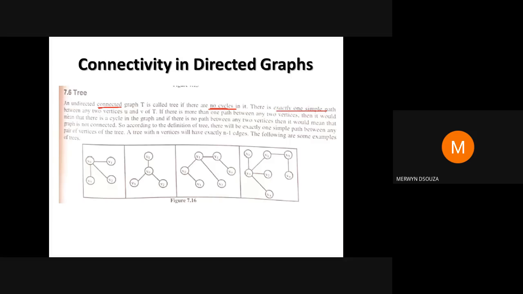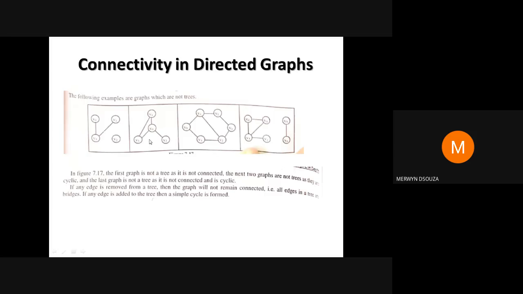All these definitions are important here. So there are many reasons why a graph may not be a tree. The reasons I've already mentioned in the very first line, and you need to remember this. It may not be connected, or it may have cycles, or there may be more than one path between those vertices. Then that's why it is not a tree.